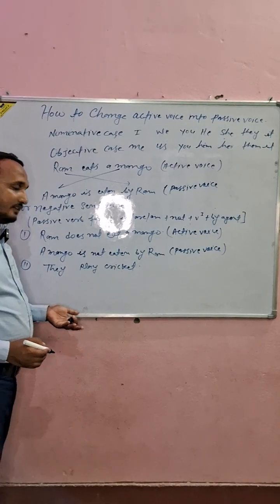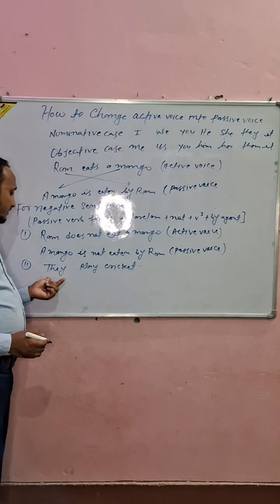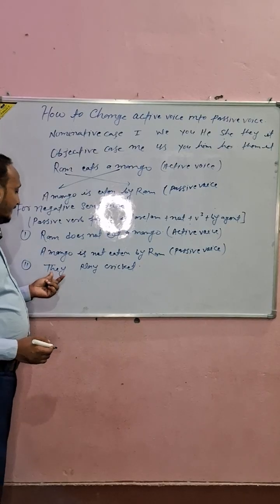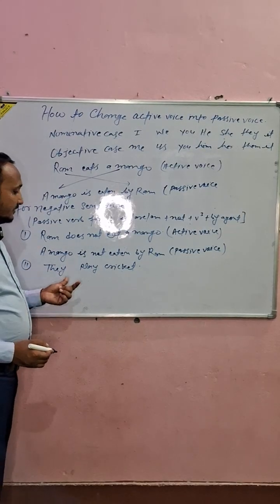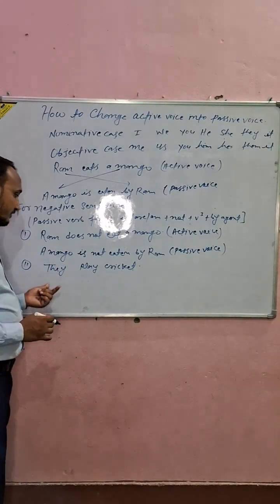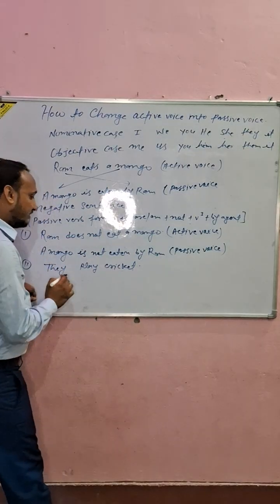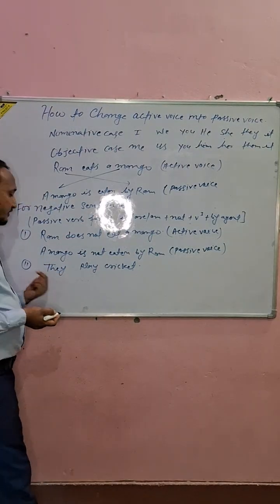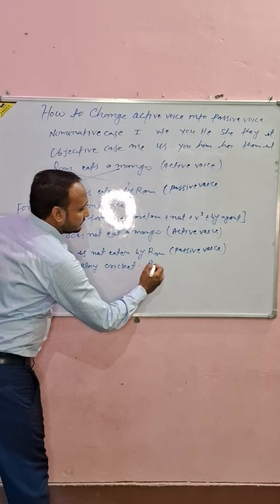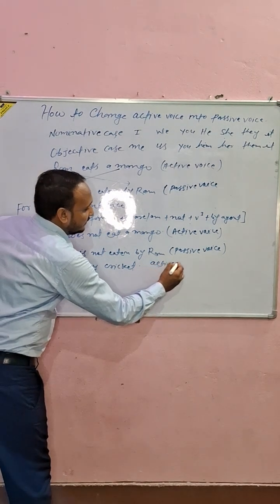How will you identify it? Here, they is the subject of this sentence, and they is performing the action of playing cricket. That's why the subject they is a doer. So we can say the subject is active, so this will be in active voice.